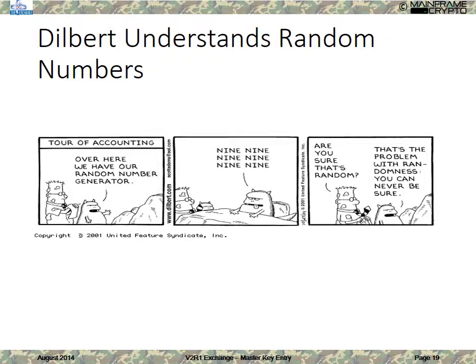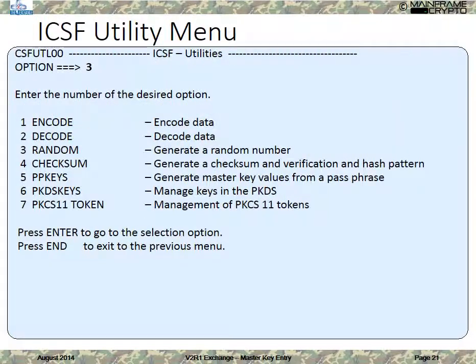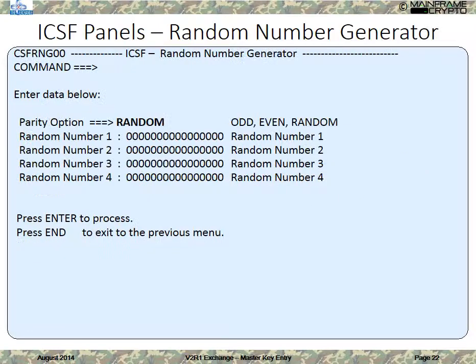Let's go to slide 20. That random number generator is provided as a utility within ICSF, so we would select option 5, utility. And then on slide 21, we would select option 3 for generate a random number. On slide 22, when you first come in, the parity option is going to be blank.